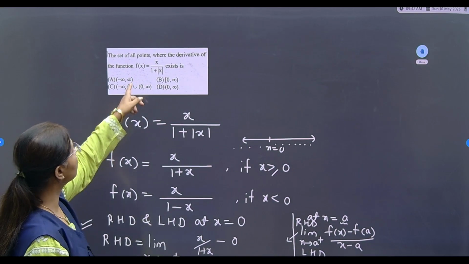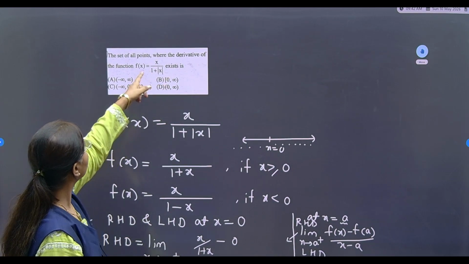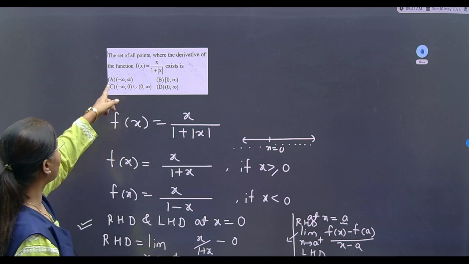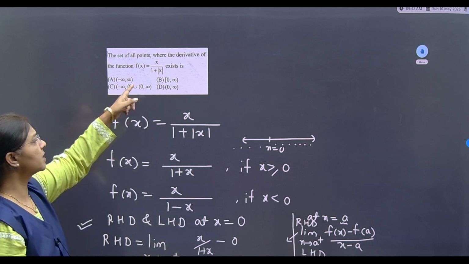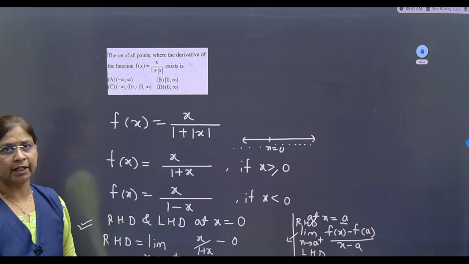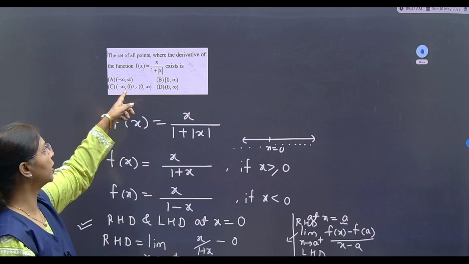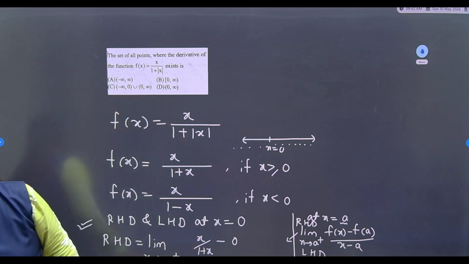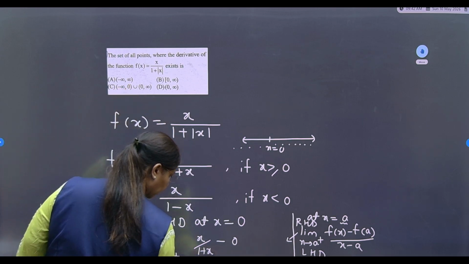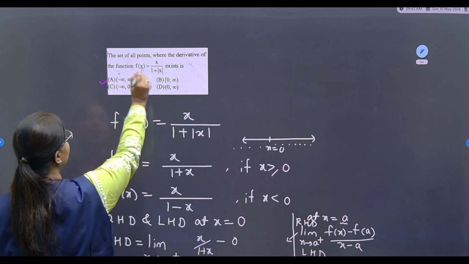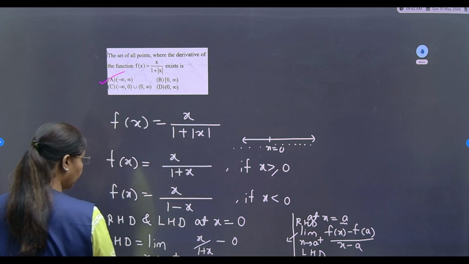Therefore, at x equals 0, f of x equals x upon 1 plus mod x exists, so option A: differentiable in the open interval minus infinity to plus infinity. Option A is the correct option. Next example.